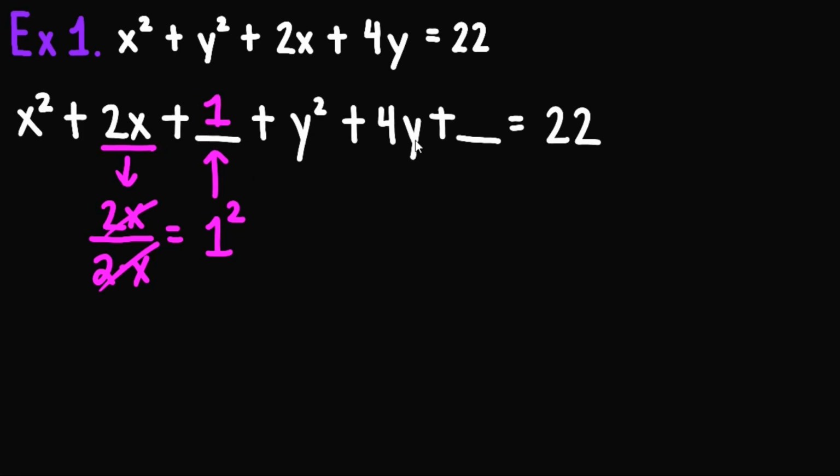For the y component, or the y part, we do the same. So again, we divide this middle term by 2 times the square root of the first term, which is y.